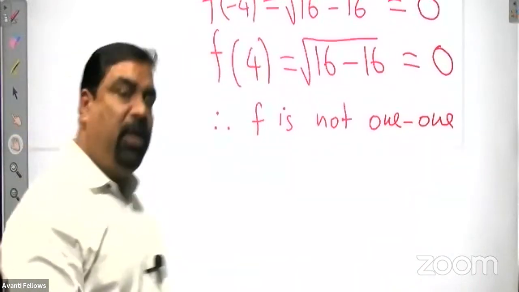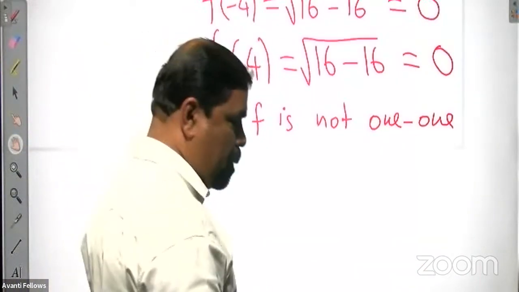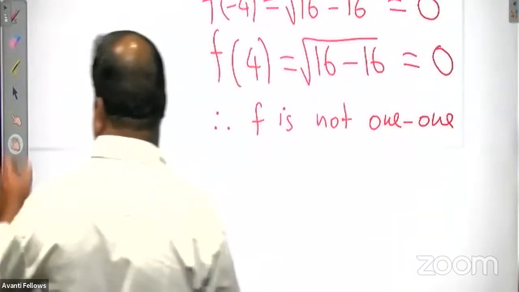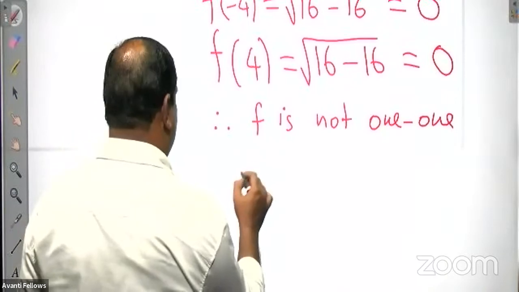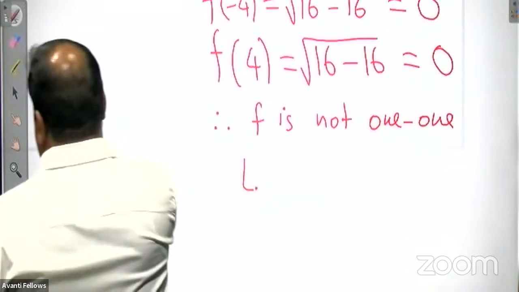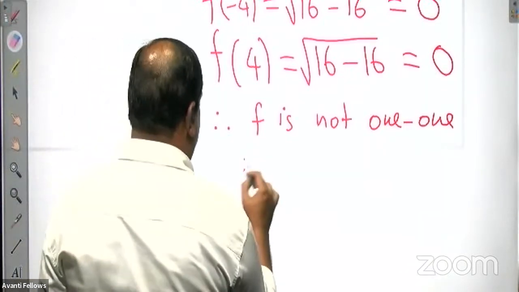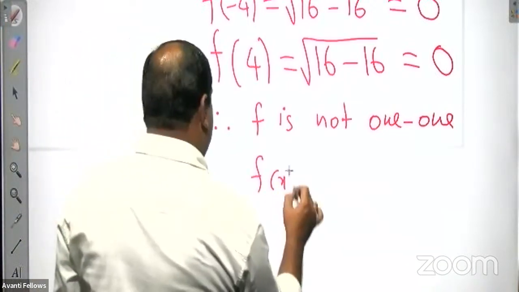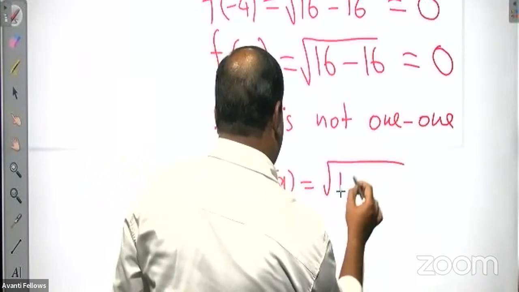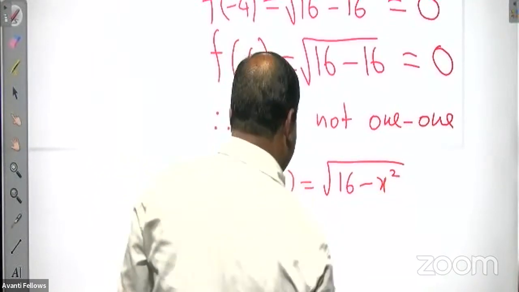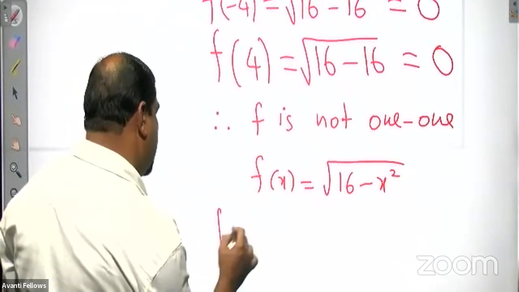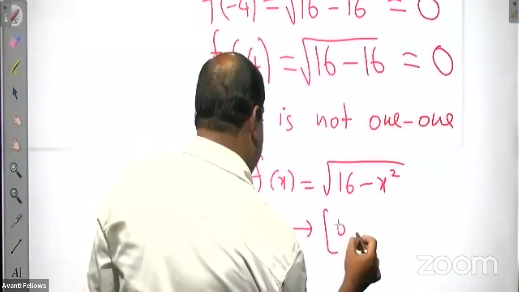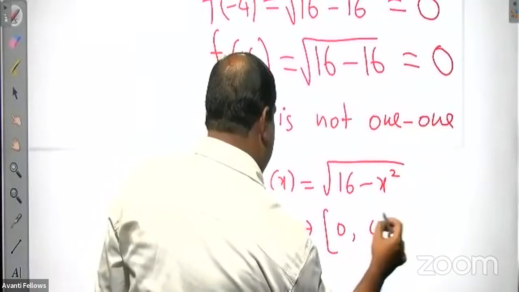Now we have to prove that it is an onto function. So how to prove that? The function is f of x equal to root of 16 minus x square.